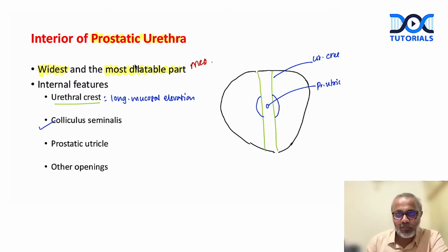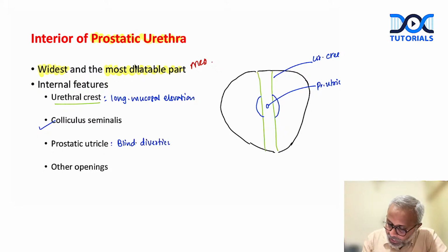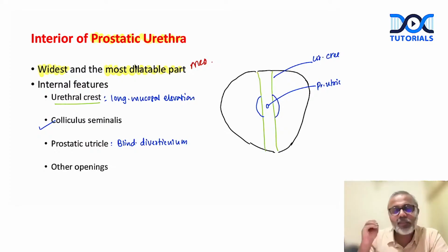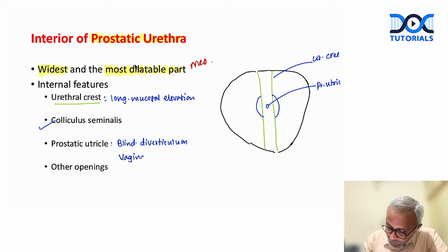Prostatic utricle is a blind diverticulum extending from this opening of colliculus seminalis. This represents the vagina in case of males.